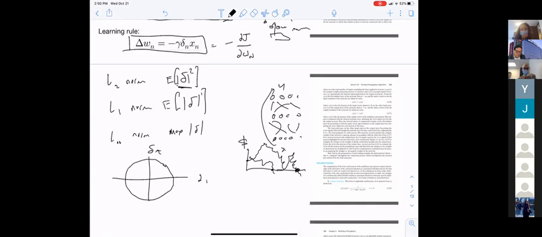So this is constant value L2 norm equals constant on a circle. The L1 norm is constant here. This is basically because this is the sum of all those terms. I'm just adding up all the deltas, literally. If delta is positive, the expected value of this is I'm just adding them. So it's going to look like this.